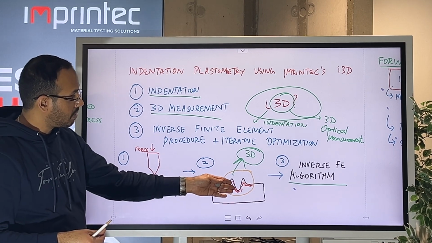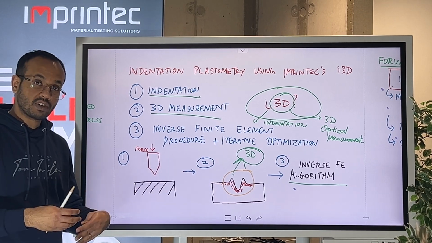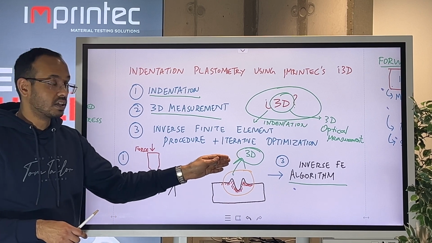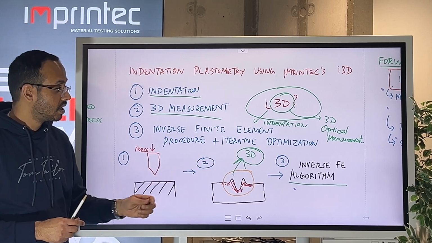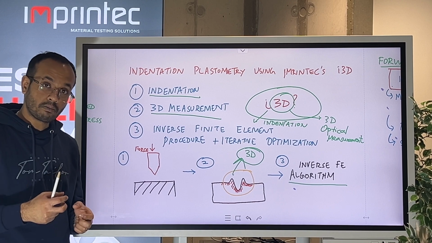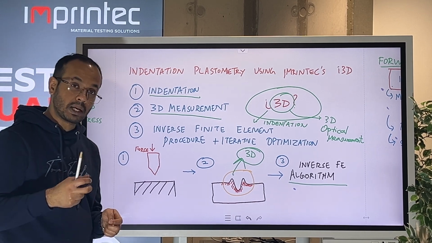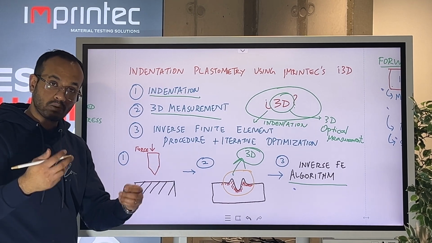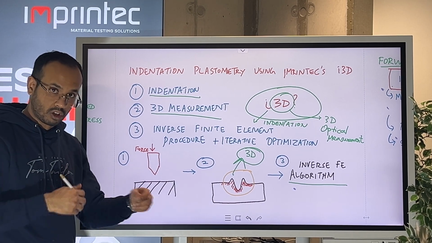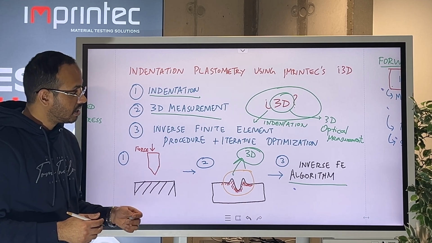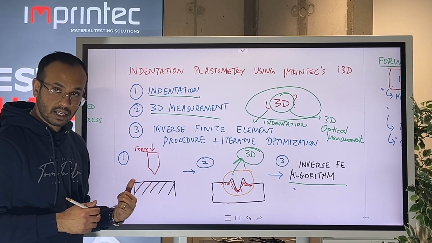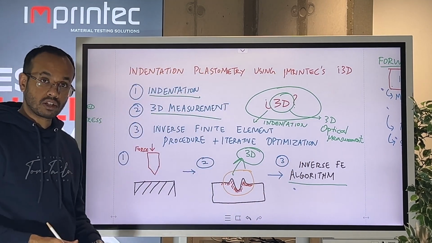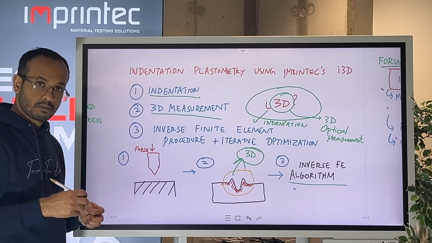Similarly, the plastic deformation of a material is very unique to the material. This is recorded using a 3D system, and based on that information we have digital twin models behind. Using an inverse finite element procedure, we are able to determine the mechanical properties. So let's break it down step by step.